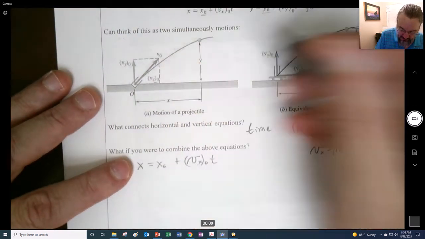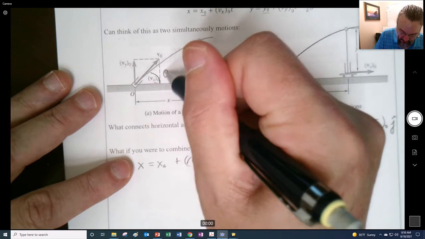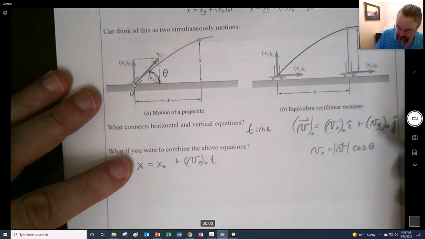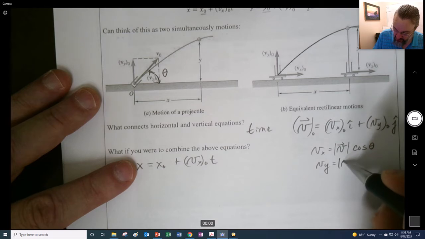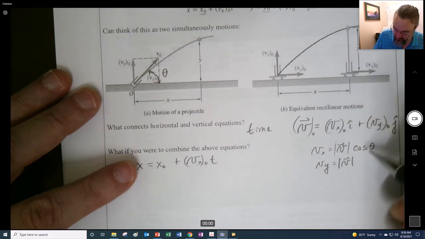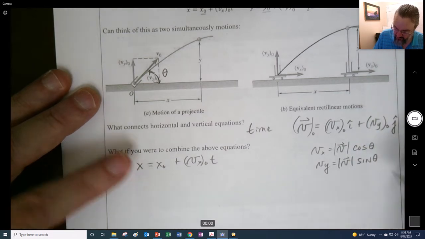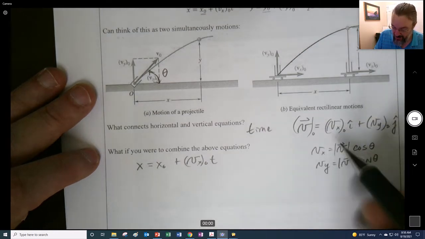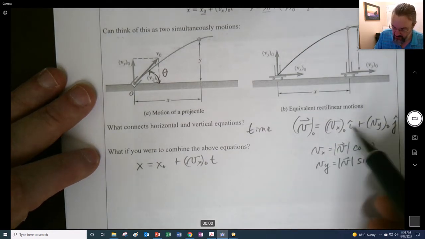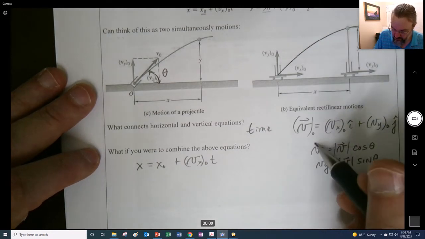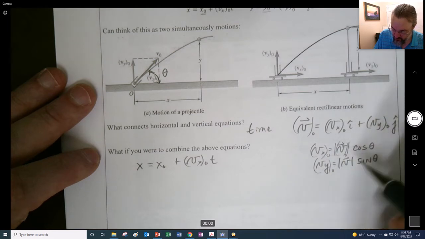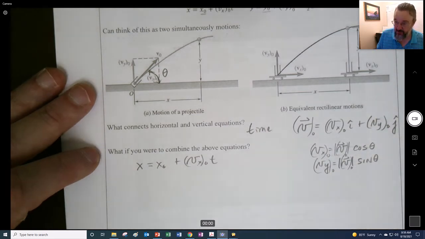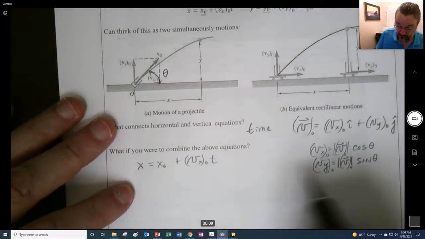We'll say it's got some initial angle that we'll often call theta, and vy is equal to the magnitude times the sine of theta. Just remember that. And we'll put that initial thing in there, the magnitudes of those.